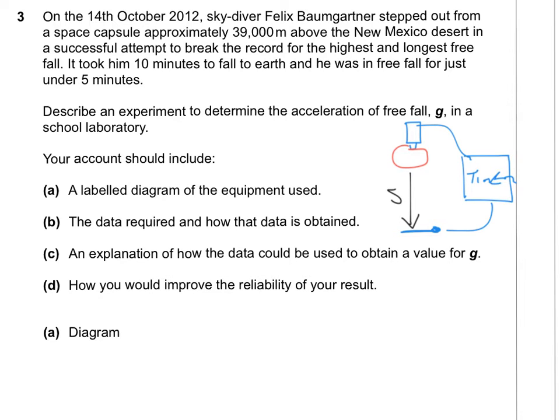So you've got s equals ut plus a half a t squared. You don't have to put ut in because it cancels out, because u is 0. So this term cancels and you end up with just s equals a half g t squared.